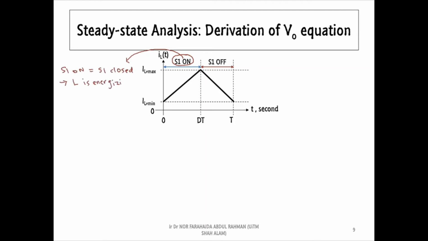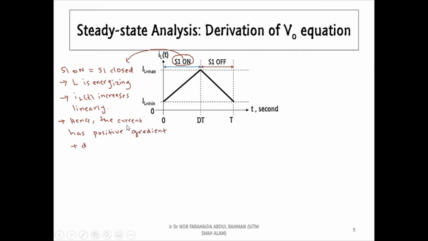At this moment, the inductor is energizing and it causes the inductor current to increase linearly. Hence, the current has a positive gradient or a positive slope. In this condition, the inductor is energizing to store magnetic field.